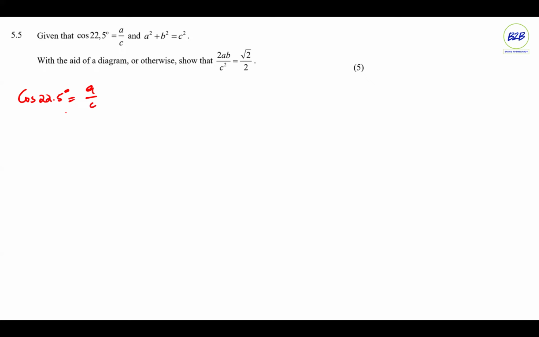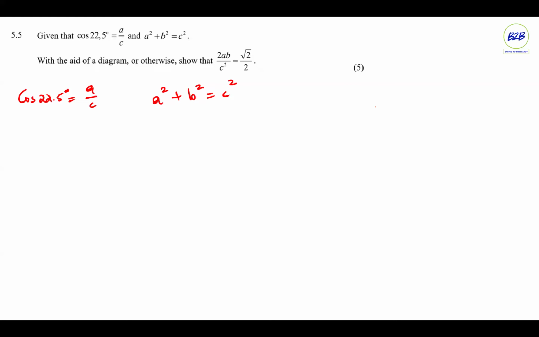And that will be cos 22,5 degrees is given as A over C. But we are also told that A squared plus B squared is equal to C squared.